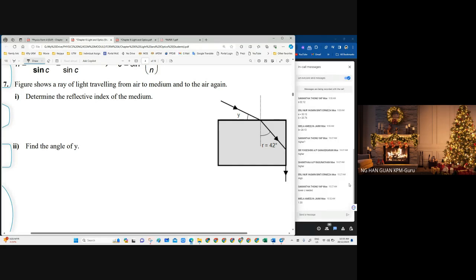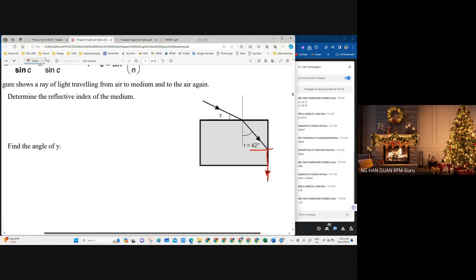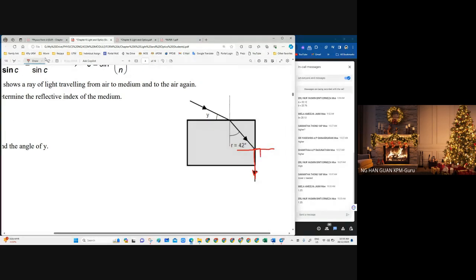Okay, Mira says 1.35. Let me calculate. Is this correct? Yes, 1.35, correct. For those who don't know how to get 1.35, please look at this diagram. You have the refracted ray here, which is at a 90-degree refracted angle.